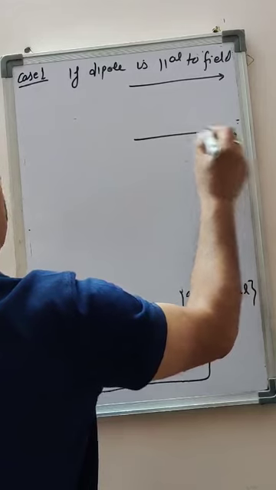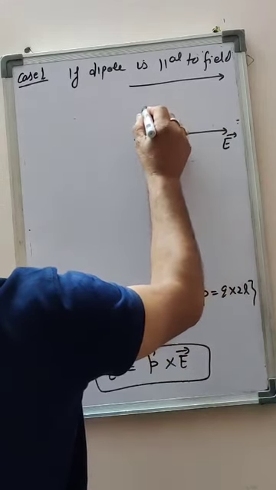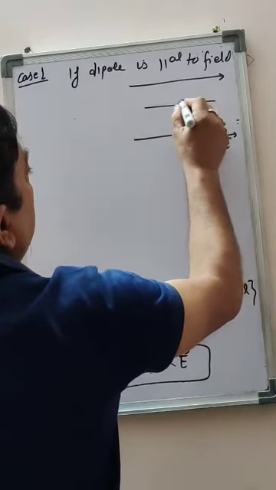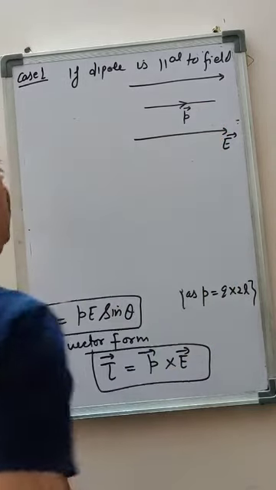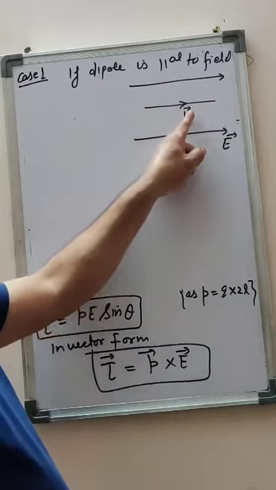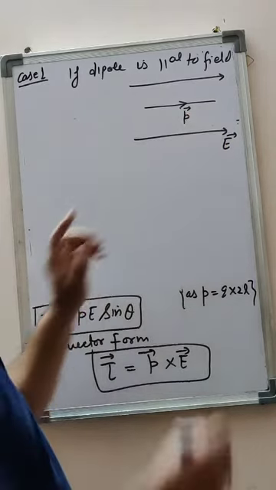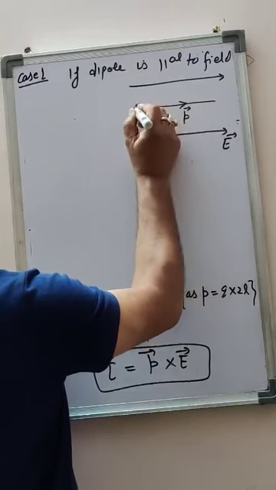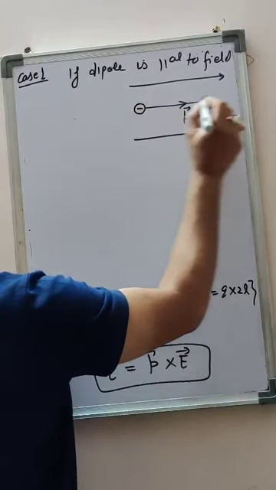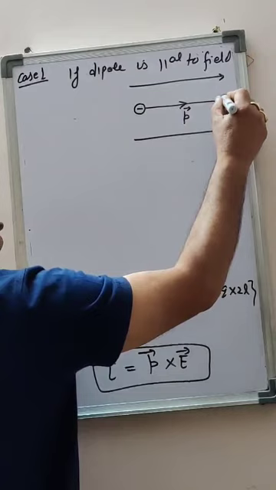Dipole parallel to field means the dipole moment should be in the direction of the field, and if the dipole moment is towards the right, then here you will have the negative charge and here you will have the positive charge of the dipole.